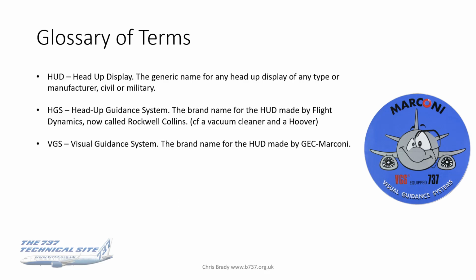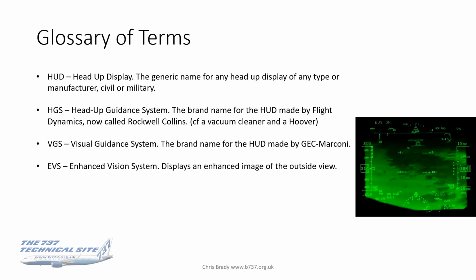They refer to theirs as the Visual Guidance System, so there's VGS. Now, in addition to those, you've got the EVS, which is an Enhanced Vision System. In enhanced vision, it displays, as the name suggests, an enhanced image of the outside view. So it's not just symbology; it's actually image enhancement of the outside world.